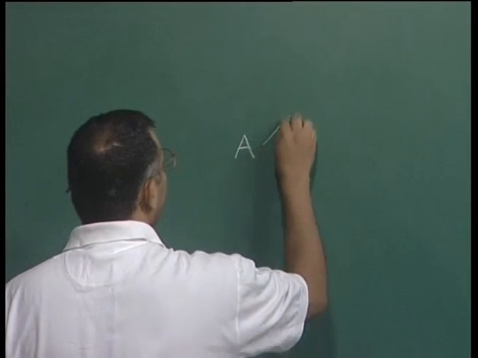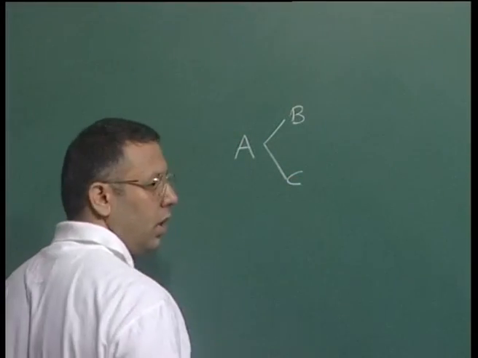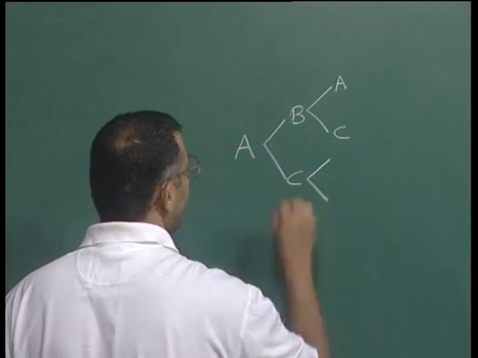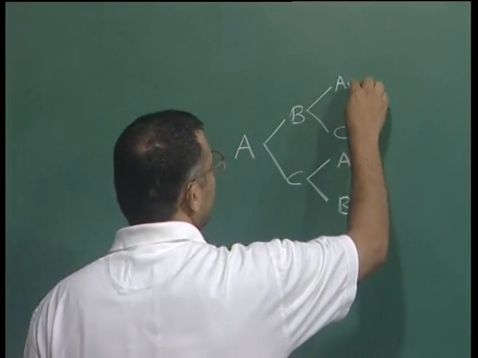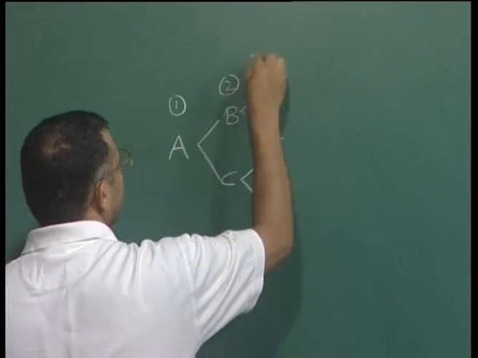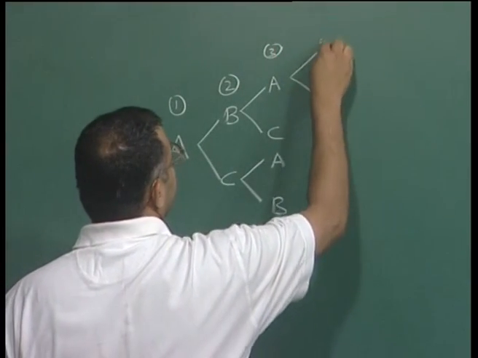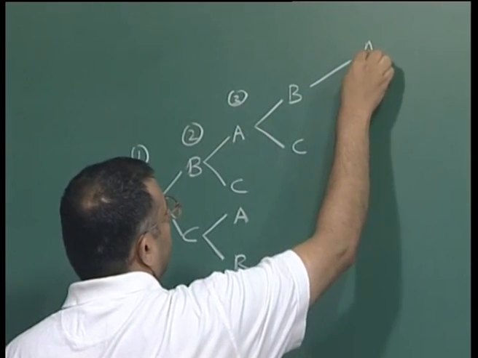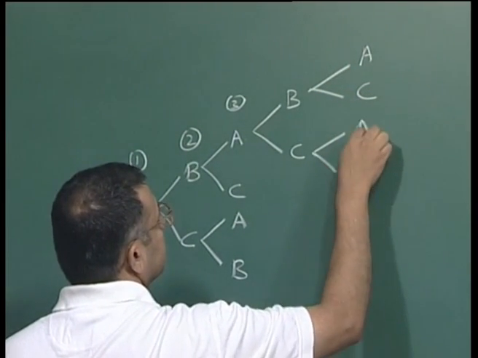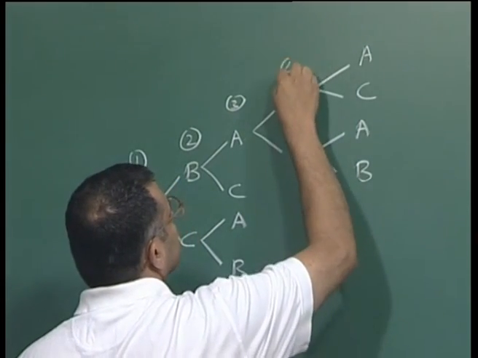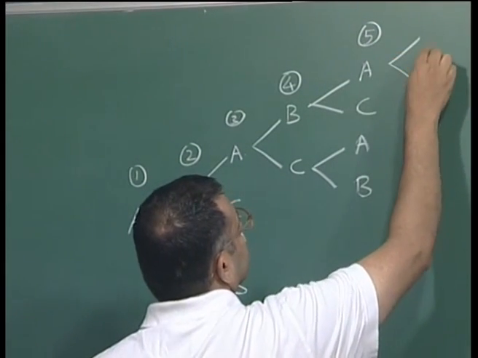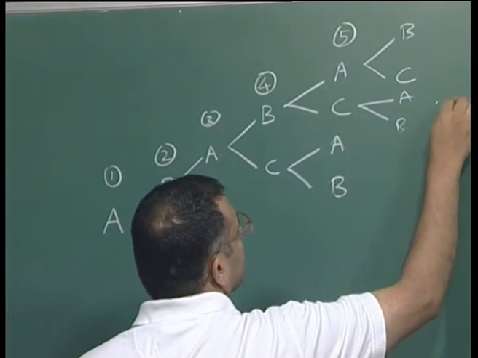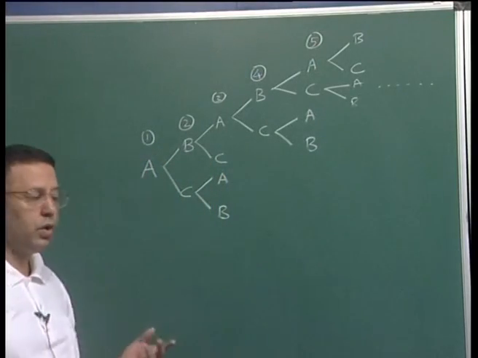I have two choices for the second layer, which are B and C. Having chosen B as the second layer, I would have two choices for the third layer, which would be A and C. Similarly, for the C layer, I would have a choice of A and B. So this is my layer 1, this is my layer 2 and this is my layer 3, and I have again choices for the fourth layer as B and C, and for the fifth layer, for instance, having taken this path, and I can go ad infinitum in my choice of various layers.